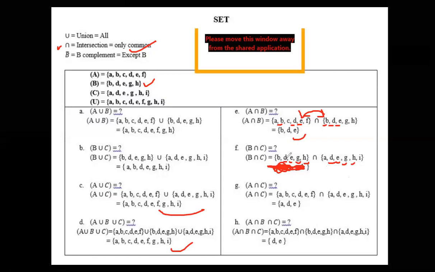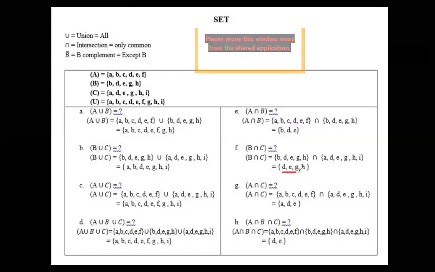D, E, G, H. These are the numbers which are repeated, the common numbers. So this is going to be our answer. Intersection is just the common numbers only. Is that okay?